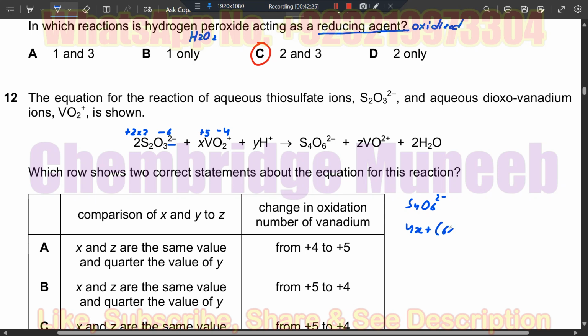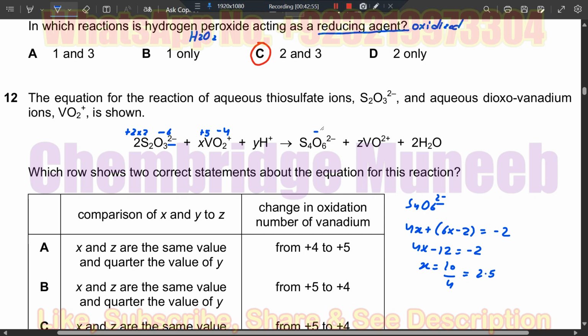So 6 times -2, and it should be equal to -2 overall charge. So 4x and -12 gives me -2. So x will become 10 over 4, and the answer is 2.5. So the charge on one sulfur atom in this case is 2.5.